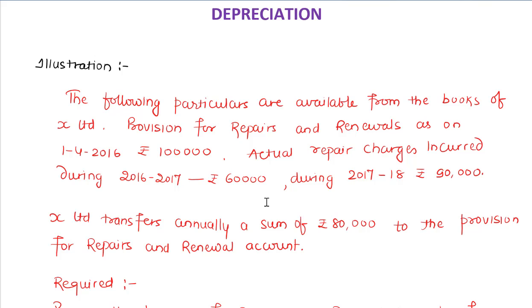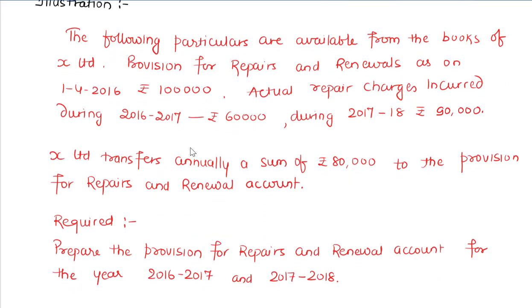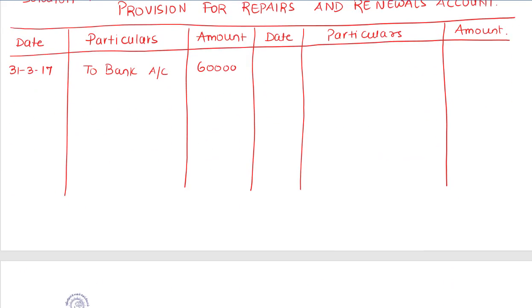So to bank account 60,000. Opening balance is 1 lakh over here. 1/4/2016, by balance brought down, it is 1 lakh.